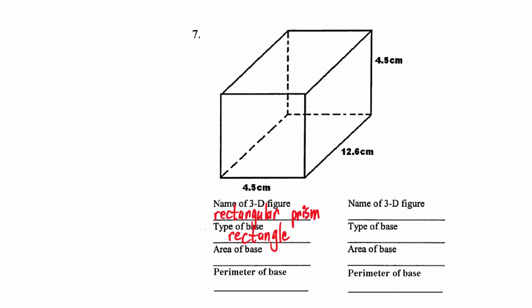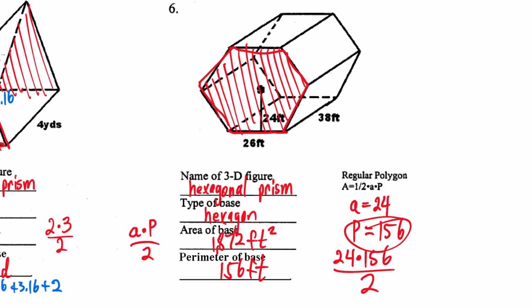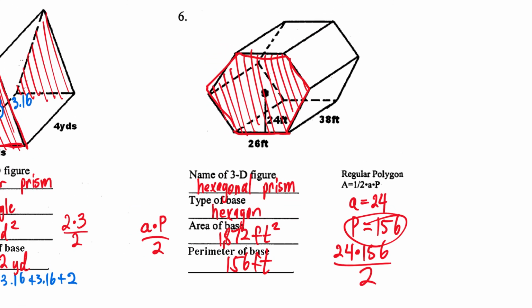Now here's the problem. This is a rectangular prism. Rectangles is the base. But the problem is all of the sides are rectangles. Whereas up here, this one's a hexagonal prism. We call it a hexagonal prism because the bases are hexagons. So it's obvious what sides are the bases.